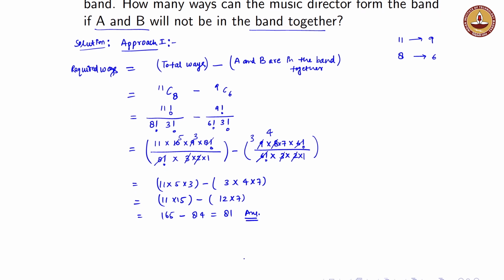The second approach will be like this. The condition is A and B will not be in the band together. So we will see the possible cases when A and B will not be in the band together. What will be the cases?